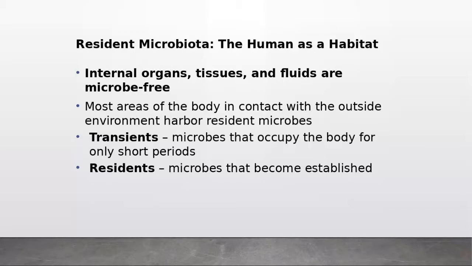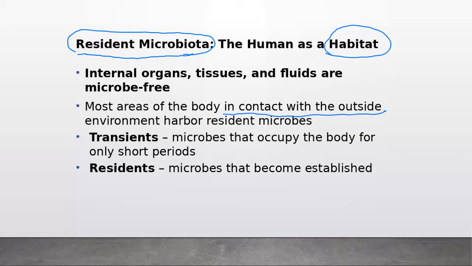Again, resident microbiota means they use our body as their habitat. So they live on us. The areas that usually become their habitat are the areas of our body that have contact with the outside environment, for example the skin, the upper respiratory tract, the nose, the throat, or the upper GI tract like the mouth.